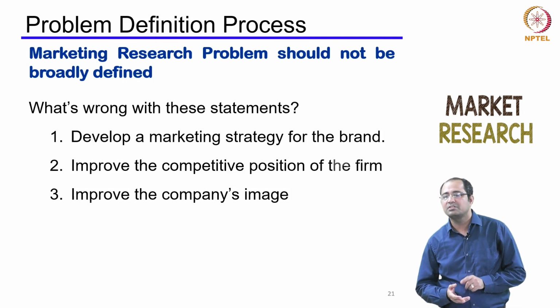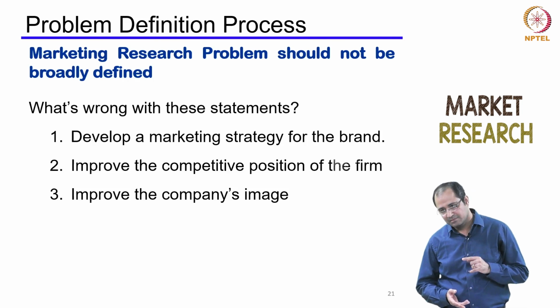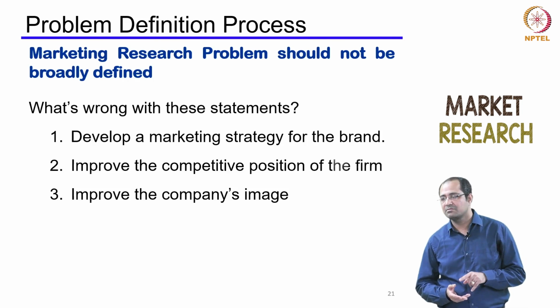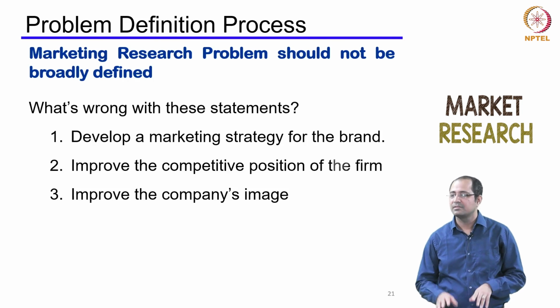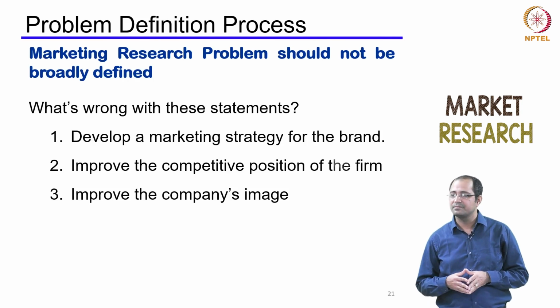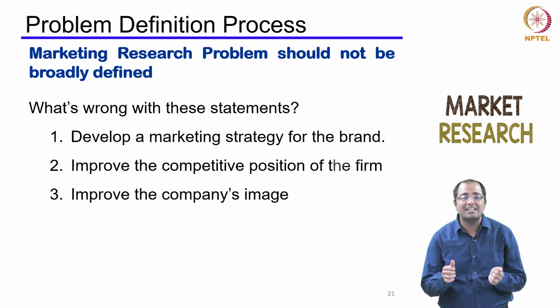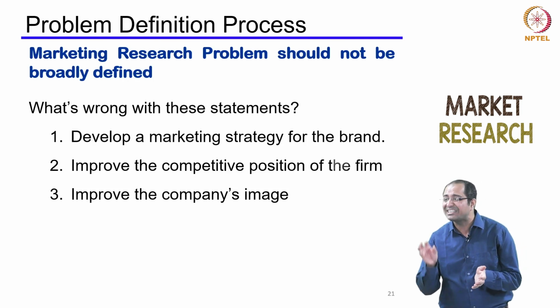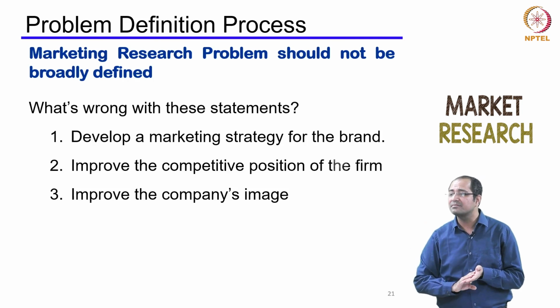Segmentation, targeting, positioning, product, price, place, promotion. In product itself there are so many things: features, branding, name, jingle, packaging, form. If you write develop a marketing strategy for the brand as a marketing research problem, it is too broad. It has to be focused on the probable cause.